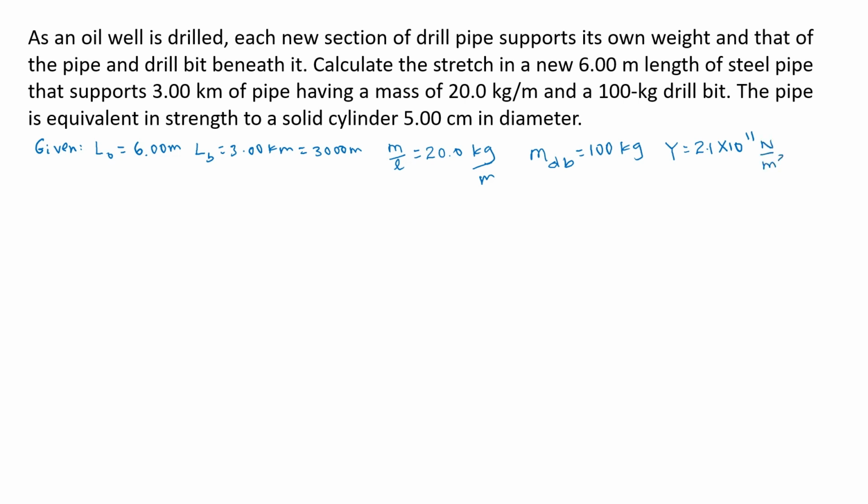And you also know that these pipes are steel pipes and they are like cylinders. Therefore, we know that the diameter is 5 centimeters. And that means the radius is going to be half of the diameter, 1/2 of 5 centimeters.